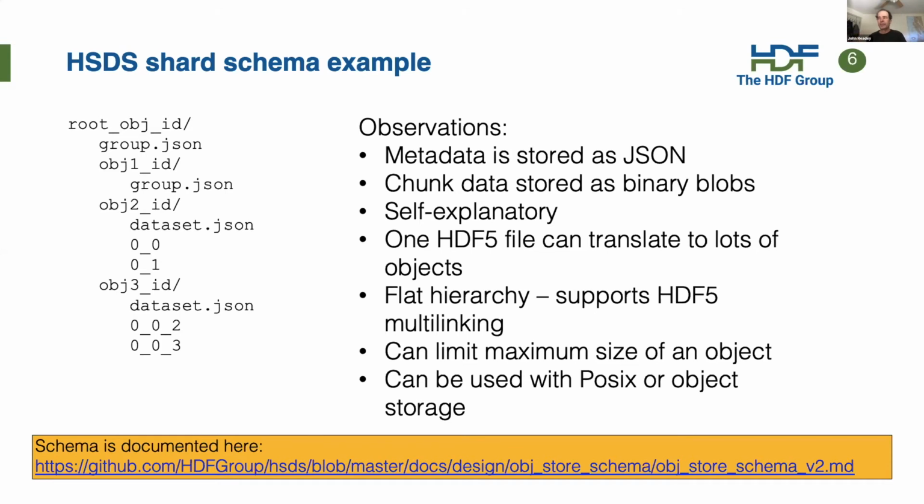If you were actually trying to map the HDF5 hierarchy into the storage schema, it'd be a little problematic. Another advantage is that if you are deleting links or renaming links, you don't need to move anything around in the storage system.